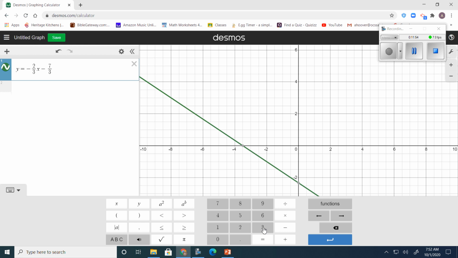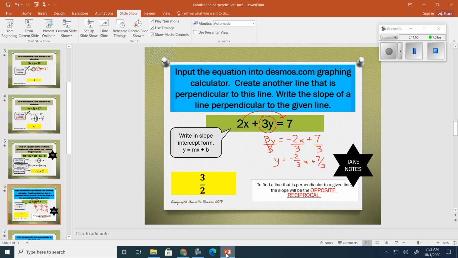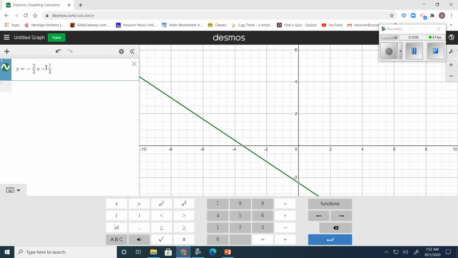Okay, so let's look at the line here. Let me make sure I got that right. Oh, plus 7/3. So it was a plus right here.